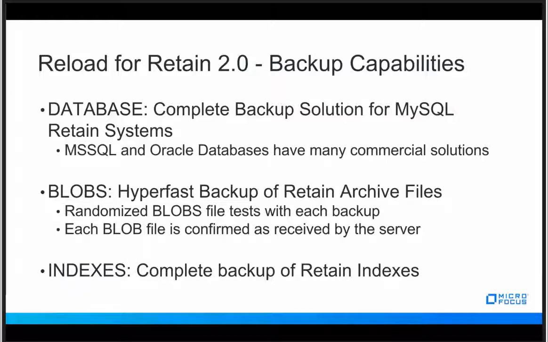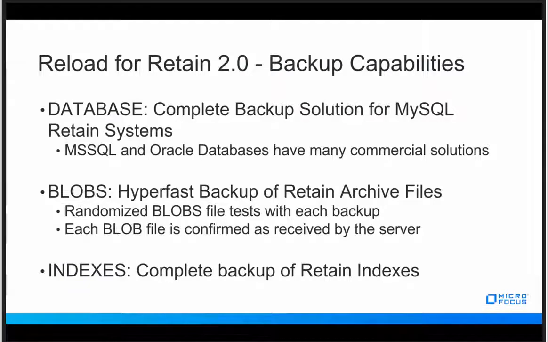It gets the listings of those directories and sees what those files are specifically, and then sends that off to the server right along with the backup job and says, this is a random list of blobs spread amongst these 16.7 million directories. Will you confirm that you have them over there on the Reload server? And the server component then confirms each one of those.